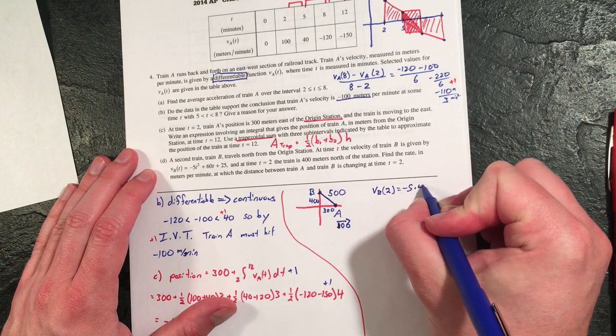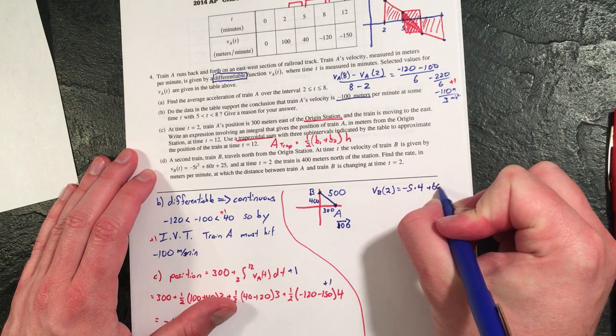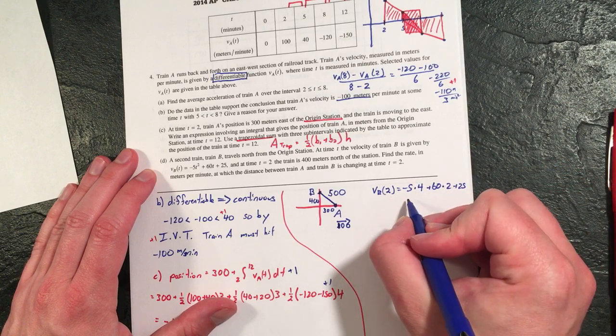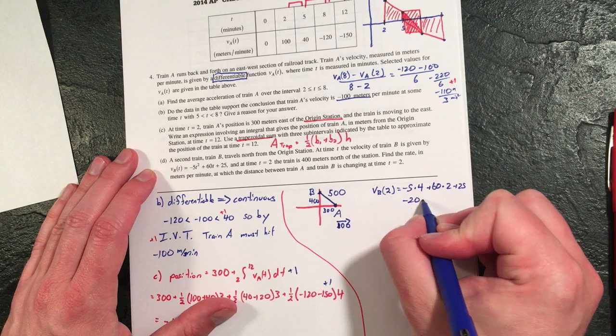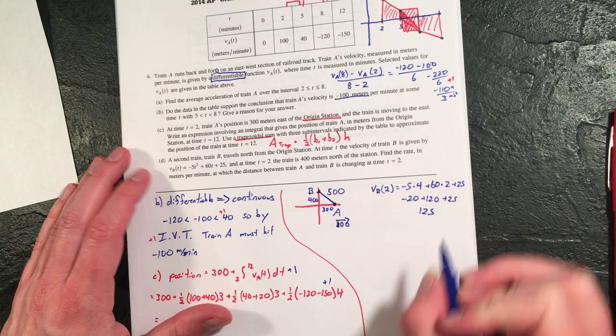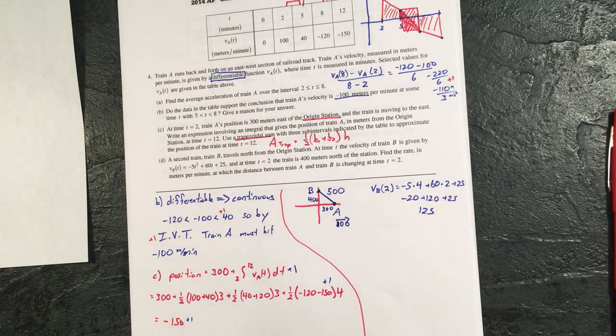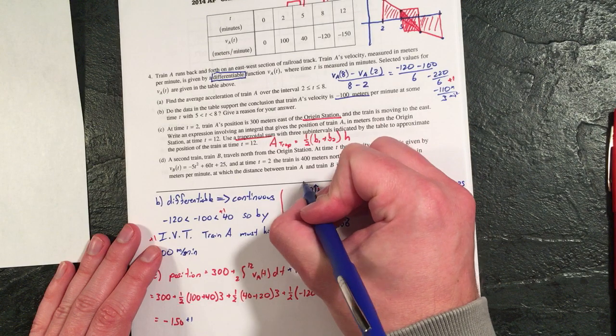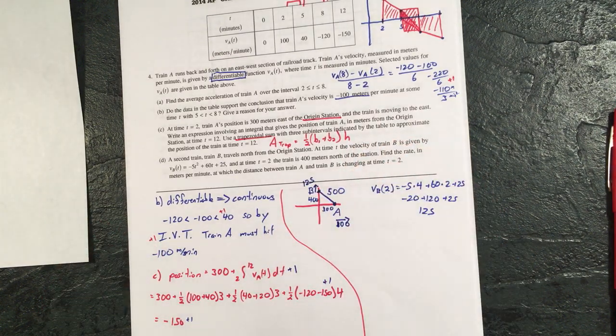Negative 5 times 4 plus 60 times 2 plus 25. Negative 20 plus 120 plus 25 gets us 125. And that's a positive one. It's moving up at a rate of 125.